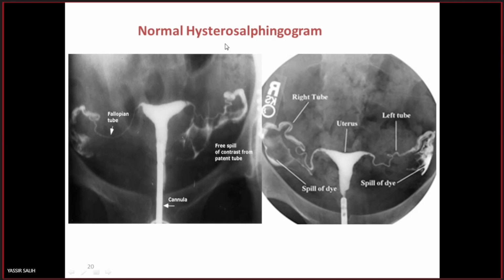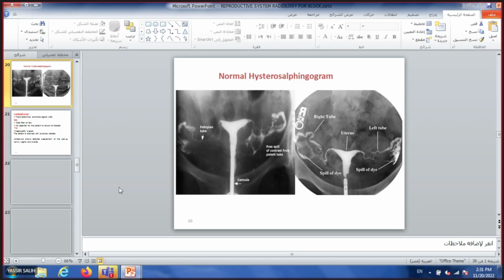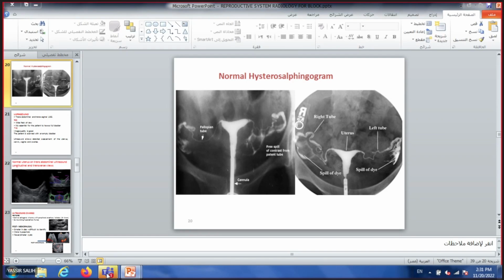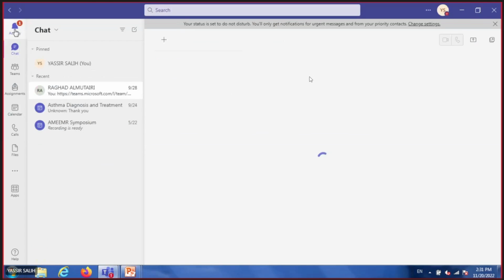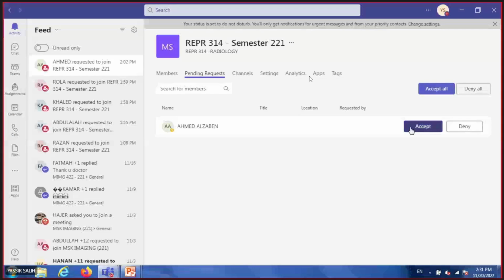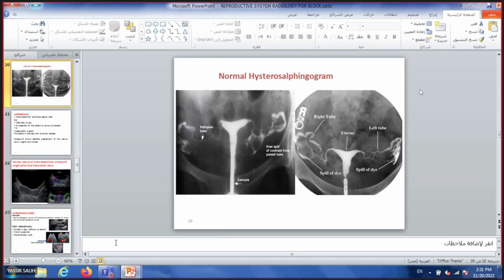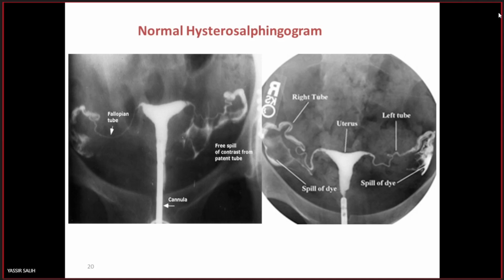Hysterosalpingogram. Any student to explain the anatomy?